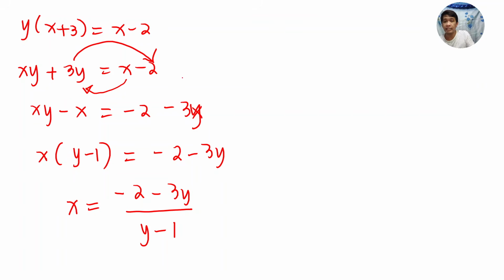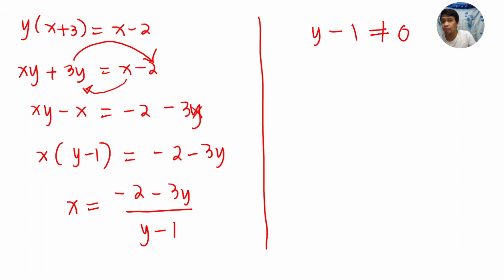To find the range, this is case 2, the denominator must not be equal to 0, because otherwise our function becomes undefined. So y minus 1 must not be equal to 0. Solving for y, y must not be equal to positive 1.